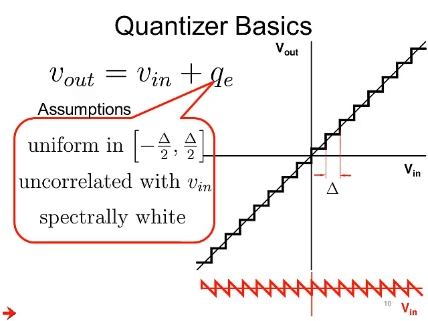Since the quantization error is a complicated nonlinear function of the input, it's often assumed to be a noise-like signal with a probability density function which is uniform in minus delta by 2 to delta by 2, where delta is the step size. Further, one assumes that this noise is uncorrelated with the input, and given that we've made two completely wrong assumptions, it doesn't hurt to make a third, and that is to assume that quantization noise is spectrally white.